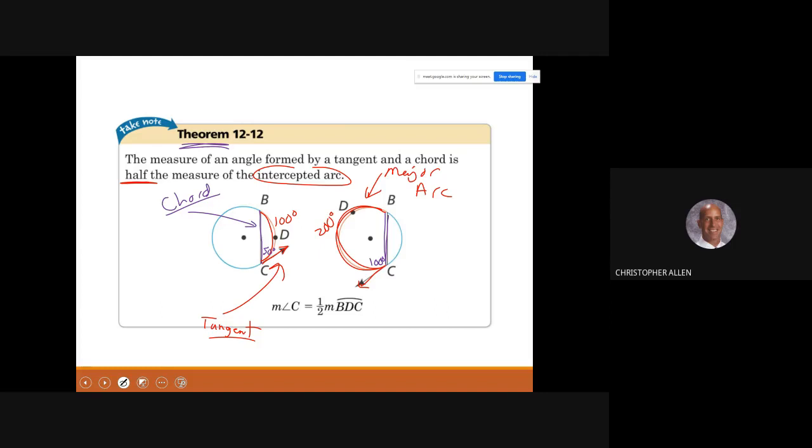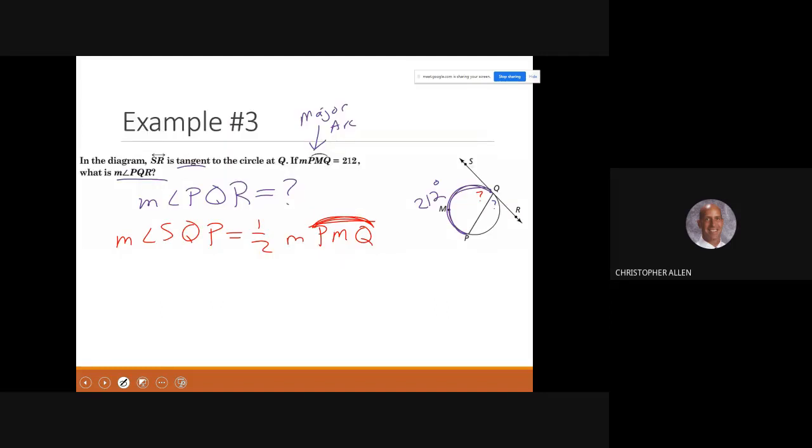So here is the intercepted arc on this one. So here is that angle, if you will. That angle has to be half of that. In other words, the measure of angle SQP has to be 1/2 of 212. Can you guys do that in your head? What's half of 212? 106.